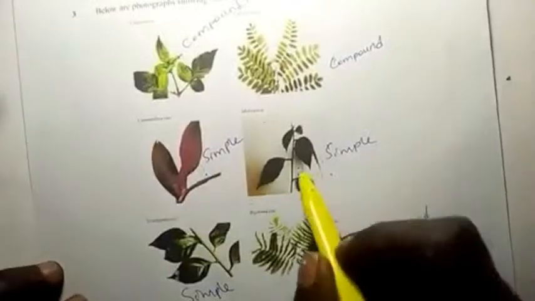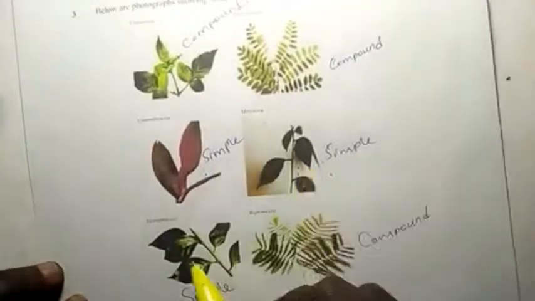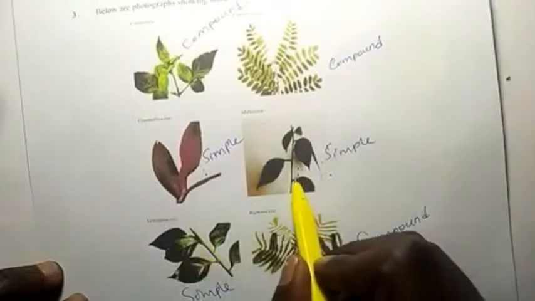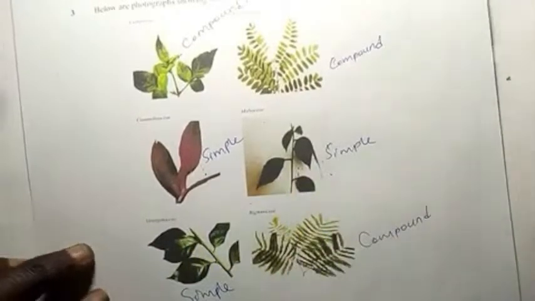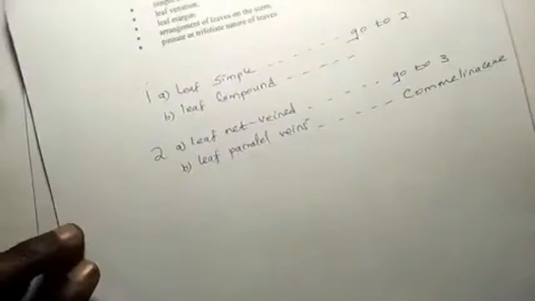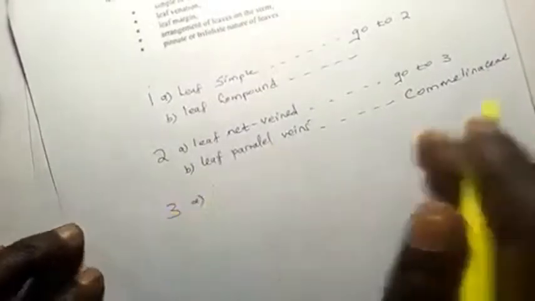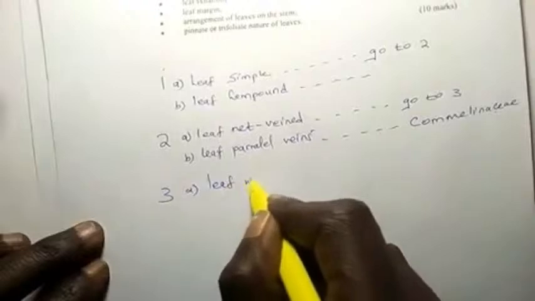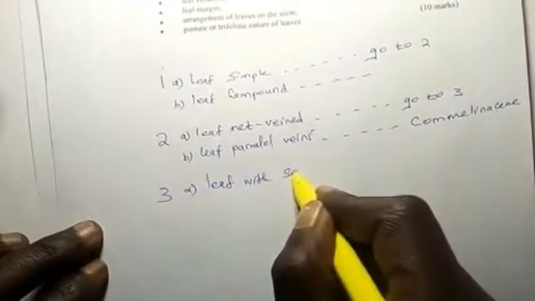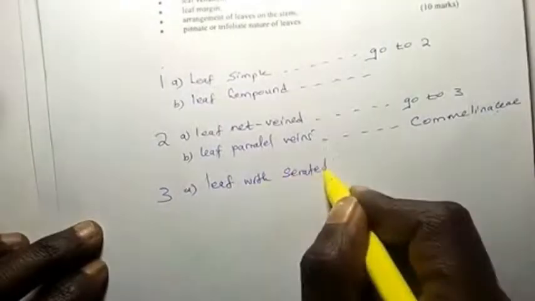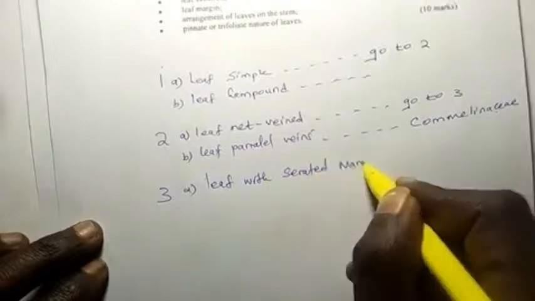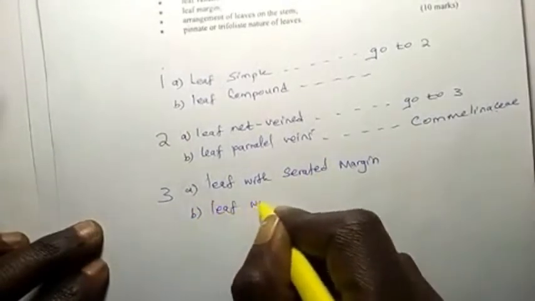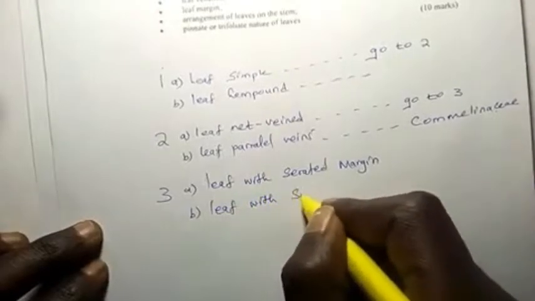You differentiate. I can see leaf with smooth margin and leaf with serrated margin. Now you have differentiated them. 3A, you say with serrated margin, and then B leaf with smooth margin.